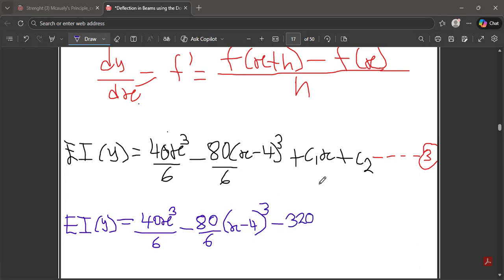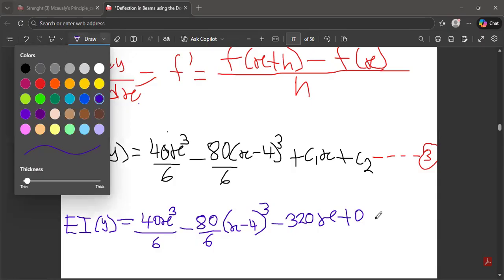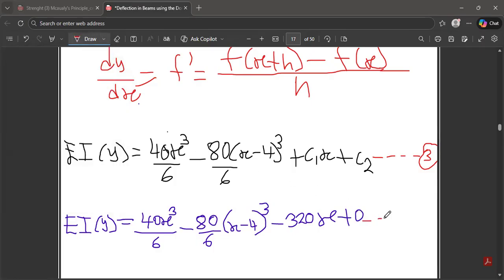You have to remember to bring the s. There is an s attached to it. If you don't bring the s, you fail. Plus 0 is equal to equation 5. This is going to give us our equation 5, since we already have equation 4.